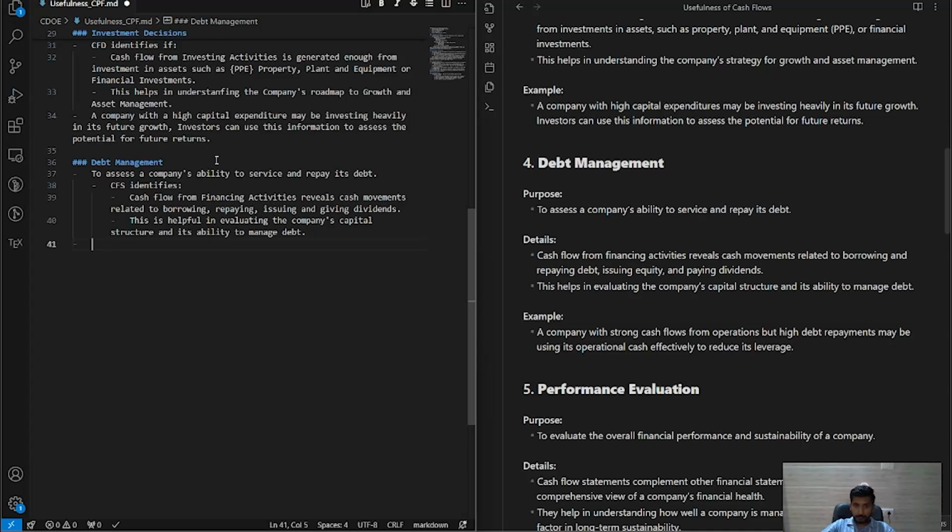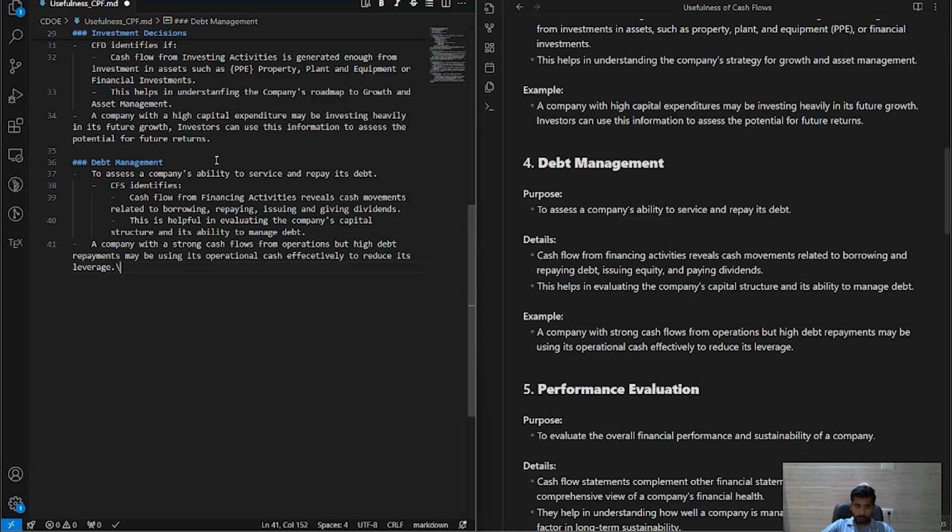For example, a company with strong cash flows from operations but high debt repayments may be using its operational cash effectively to reduce its leverage.